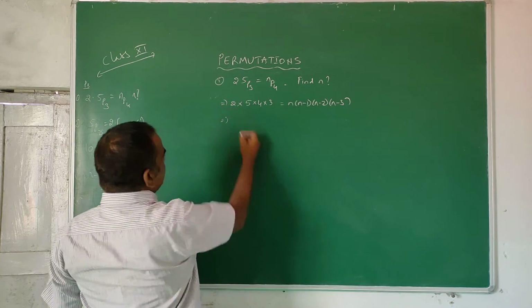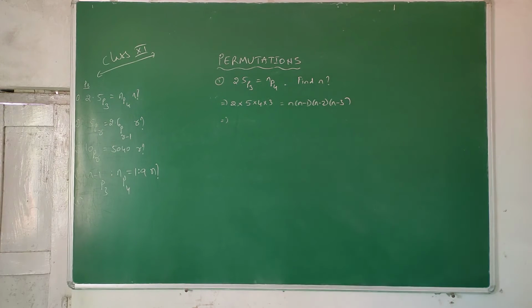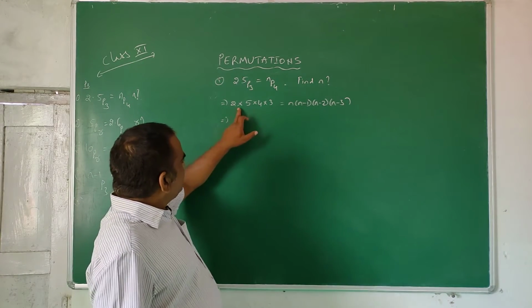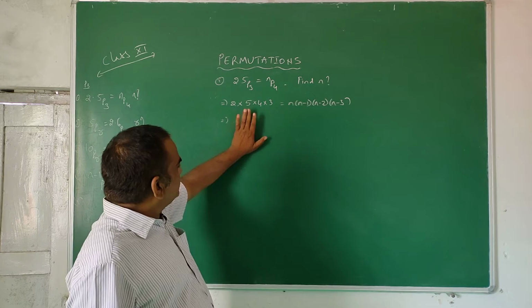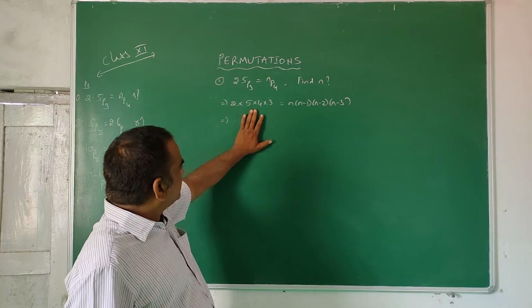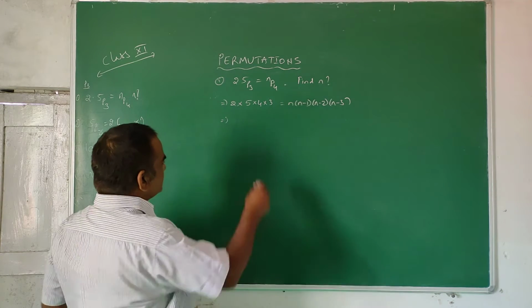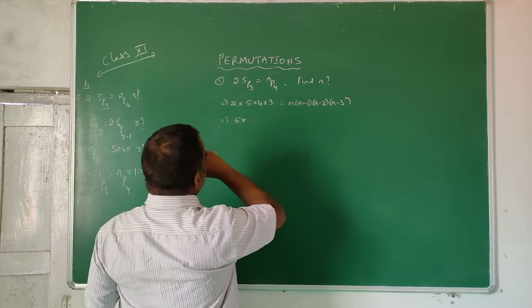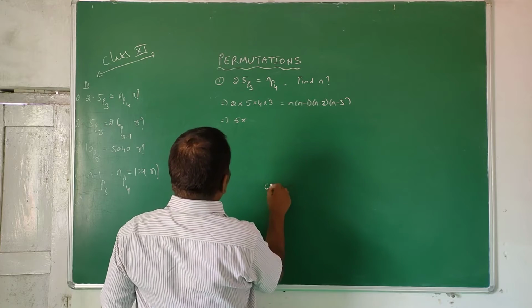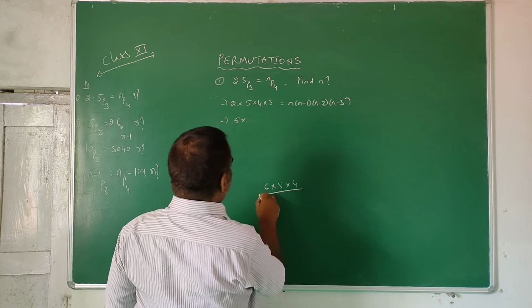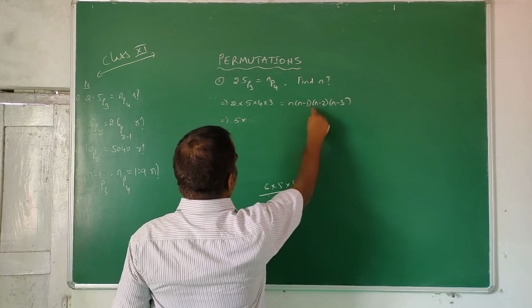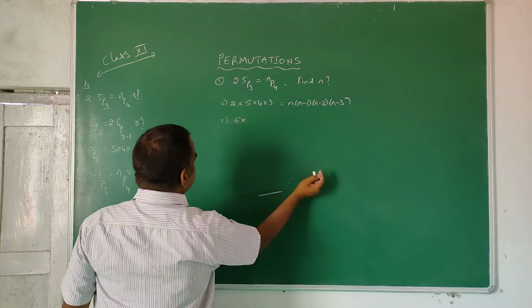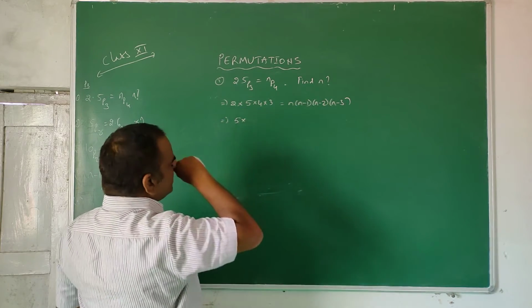As I said, if you take 6 into 5 into 4, here you are getting only 3 factors, but here there are 4 factors. Though 6 into 5 into 4 is consecutive, you get only 3 factors, so here you should see that it is a product of 4 consecutive factors.